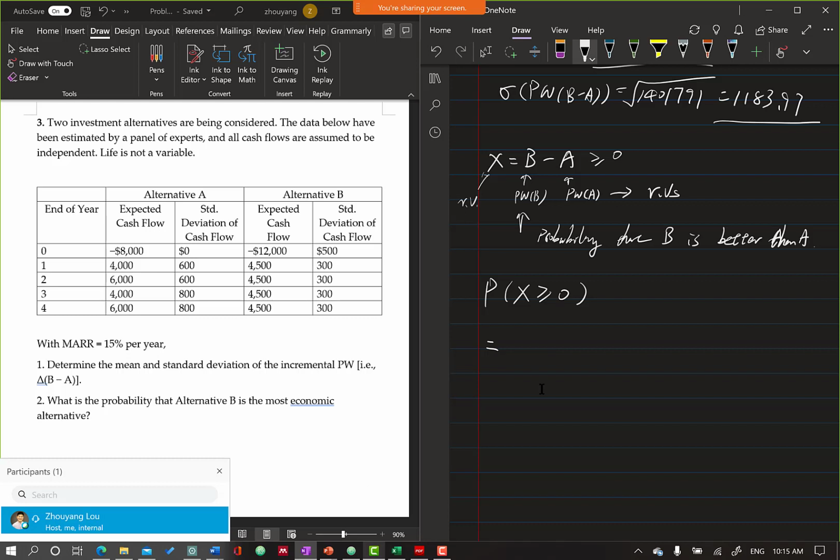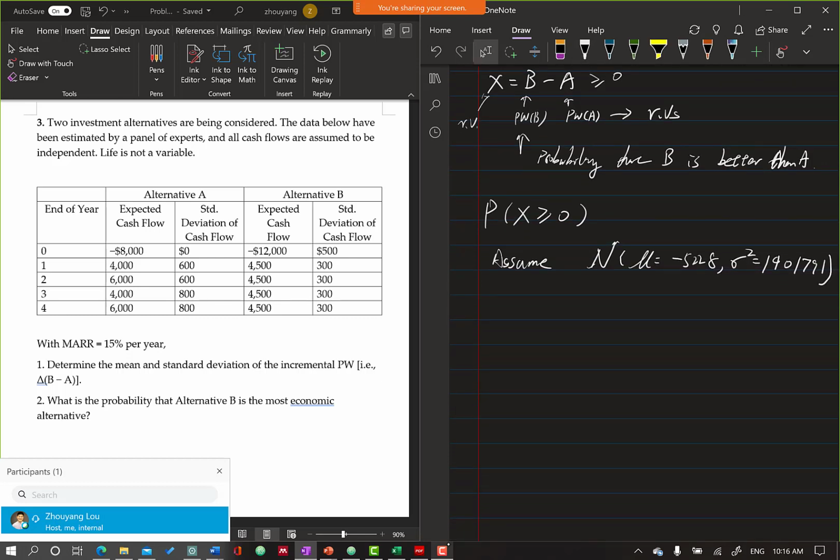We first need to assume that this present worth is still following the normal distribution with the mean we just calculated, that's minus 5228, and the standard deviation, which is actually 1401,791.